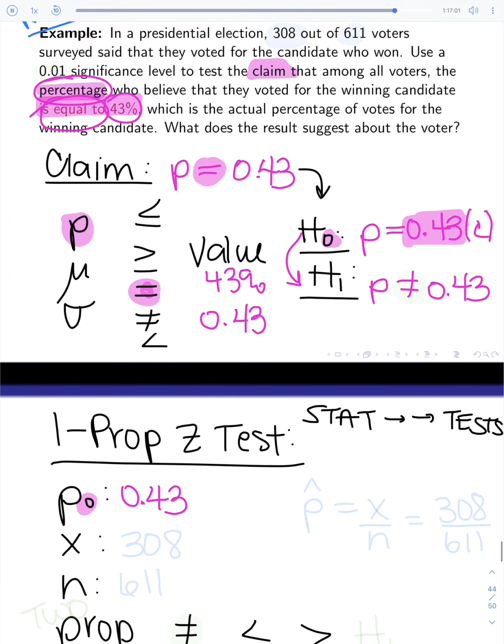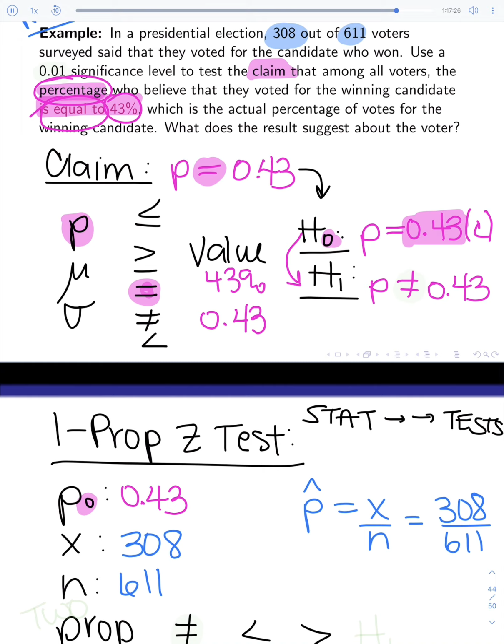Remember, our x and n are based on our p-hat, which means our proportion from our sample, which is the 308 out of 611. So our p-hat, which is our x over our n, is our 308 over 611, just like before. So the 308 goes in as our x, and our 611 goes in as our n.